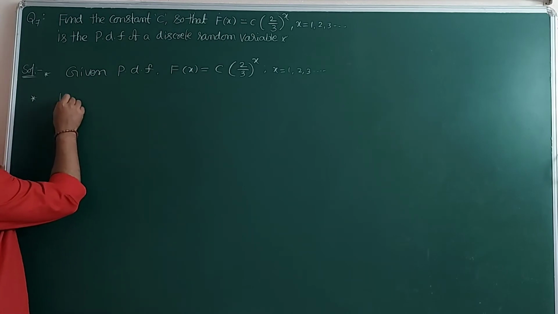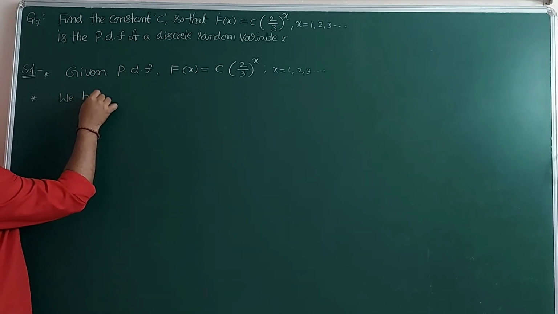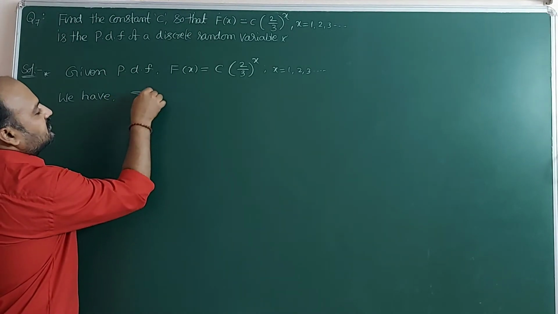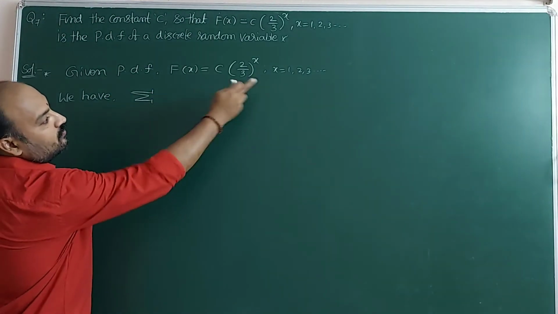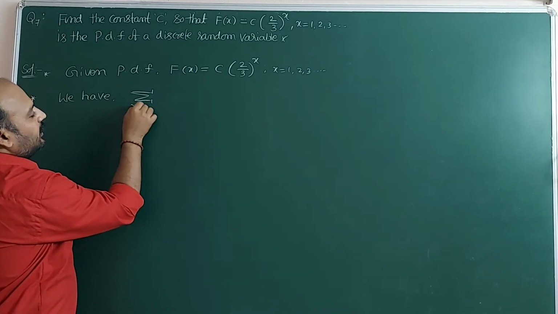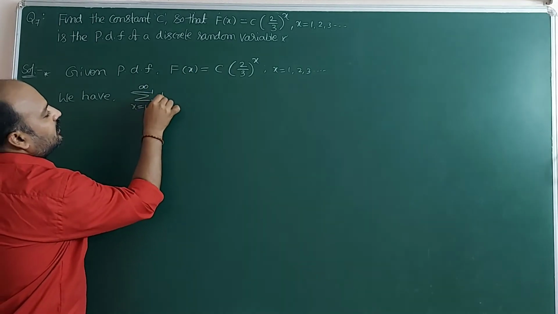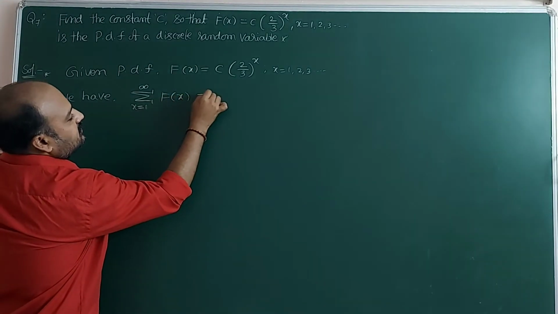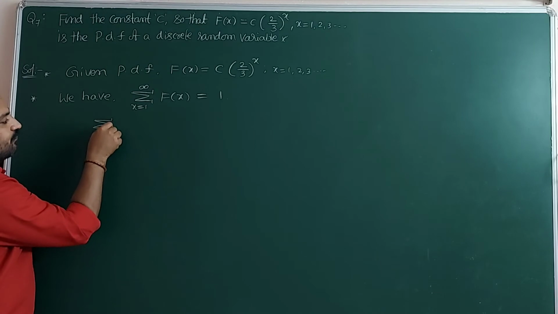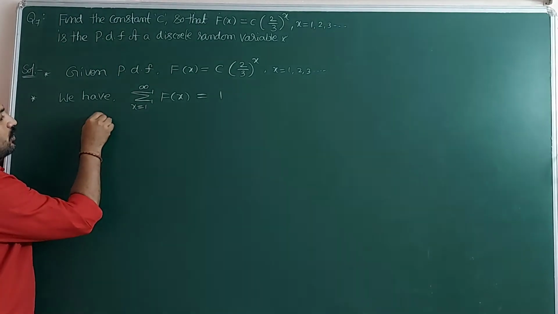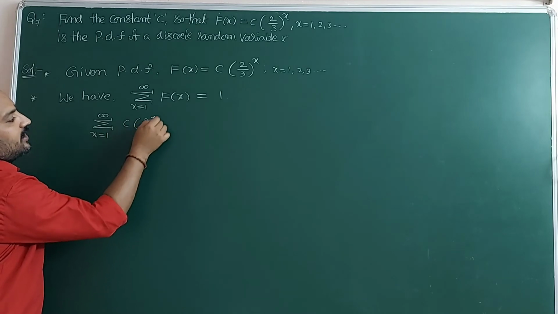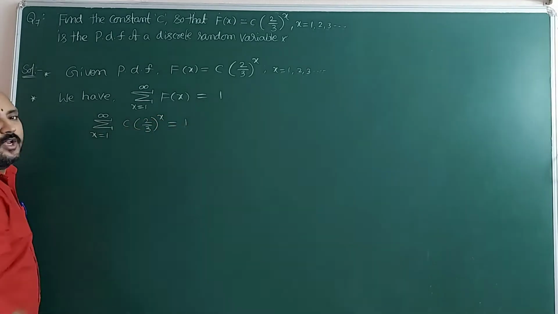So we know that the sum of the probabilities from x equal to 1 to infinity, capital F of x is equal to 1. What is f of x here? Sigma x equal to 1 to infinity, c times 2 by 3 whole power x is equal to 1.